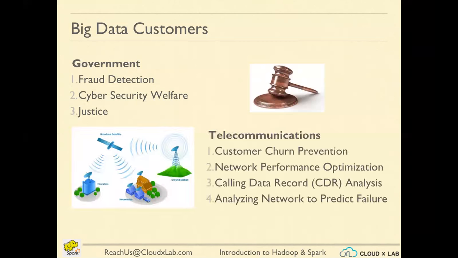Now, the third one is telecommunication. Telecommunication is another big domain where everything is big. In telecom, we have use cases like customer churn prevention. What is customer churn prevention?